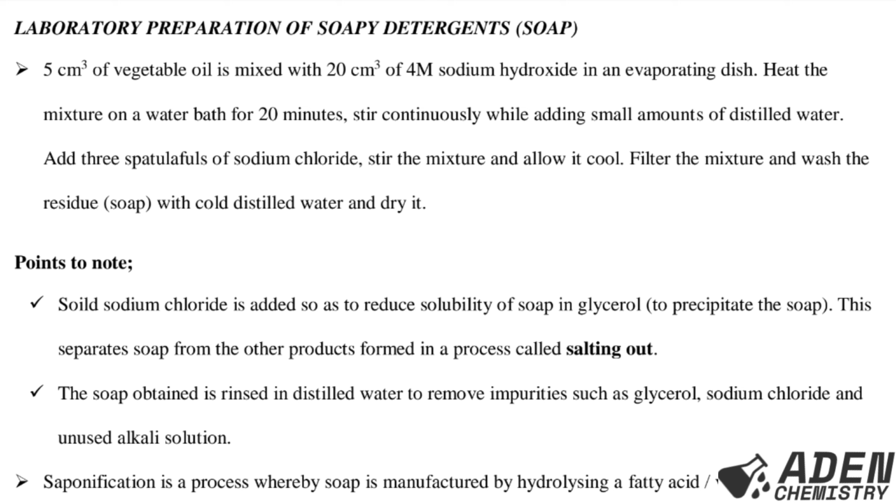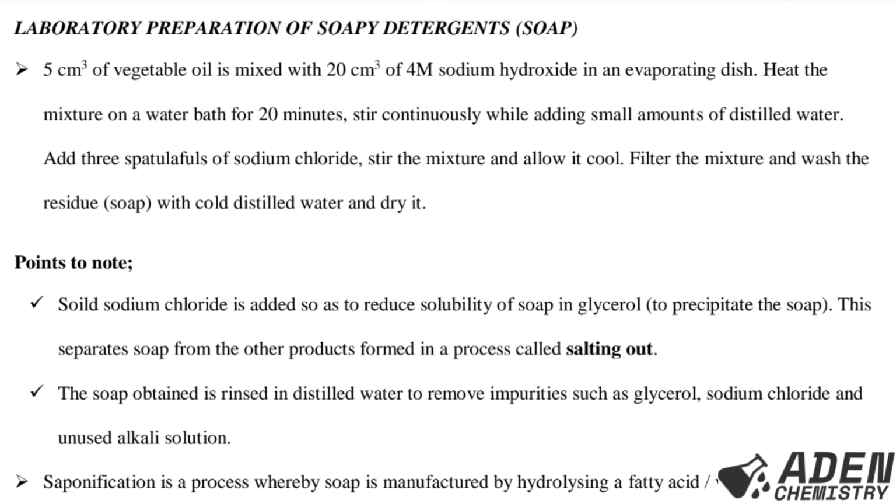Next, the points to note. Number 1, solid sodium chloride is added. Remember we said add 3 spatula fulls of sodium chloride. The reason for adding solid sodium chloride is to reduce the solubility of soap in glycerol, or in order to precipitate the soap.